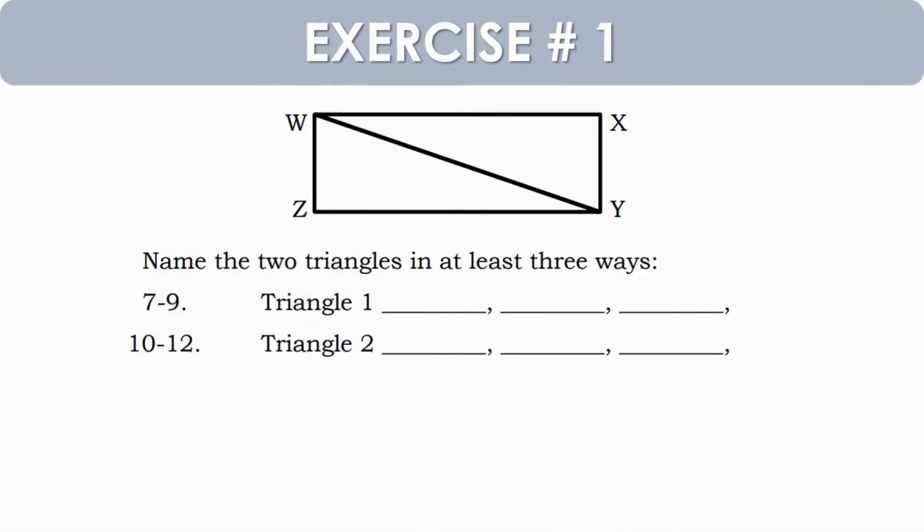Another exercise. Name two triangles in at least 3 ways. So this is 7, 8, 9. So for 3 points, we have triangle WZY. We also have WYZ. We also have triangle ZYW.